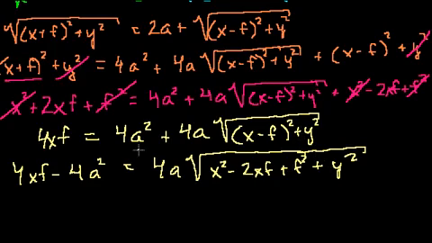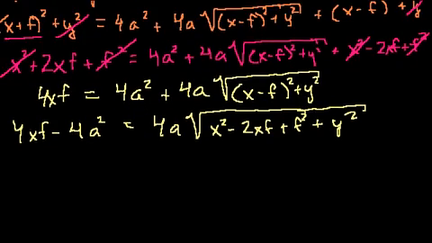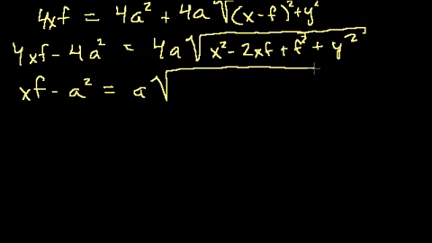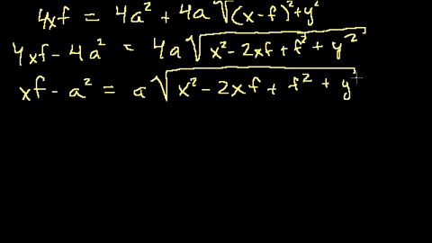That's the y squared right there. We could divide both sides of this by 4. All I'm trying to do is just simplify this as much as possible. So then this becomes xf minus a squared is equal to a times the square root of this whole thing, x squared minus 2xf plus f squared plus y squared.